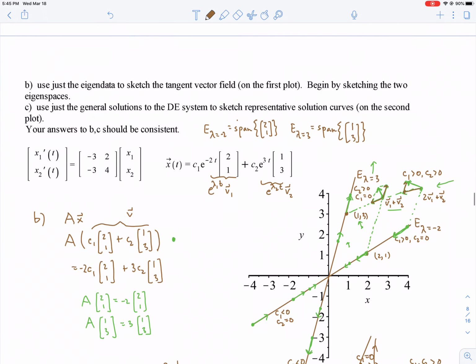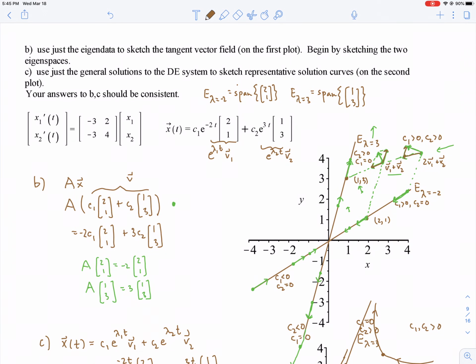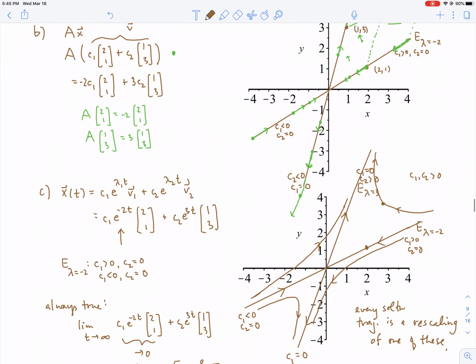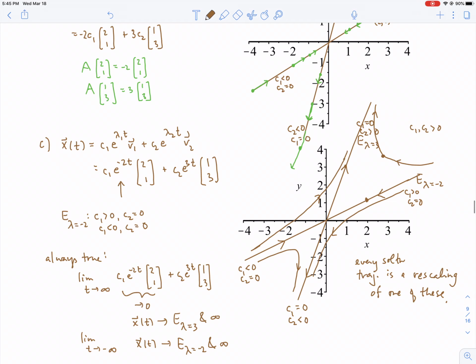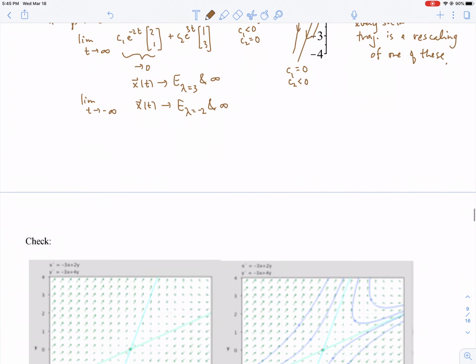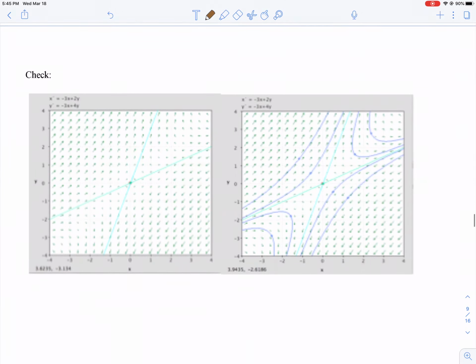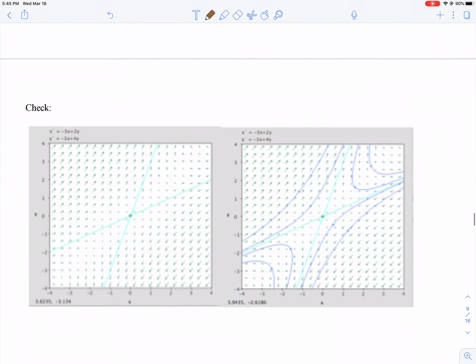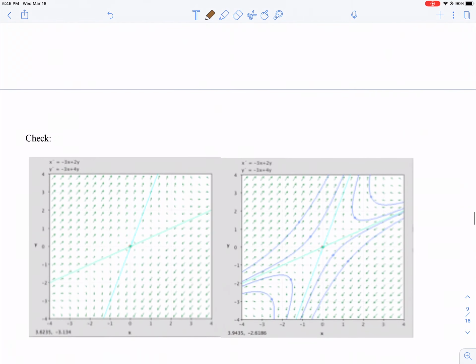Okay, so here we just used the eigendata geometry, the eigenspaces, and the signs of the eigenvalues to draw a picture of what was happening. And let's see how it compares to the p-plane output. It's almost exactly the same. Well, we didn't fill all of this in, but if you look at the first quadrant, it looks like what I was at least trying to say.